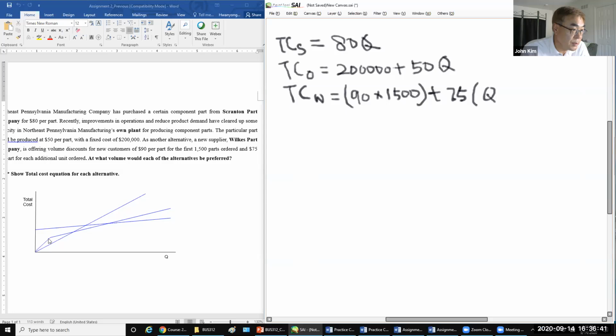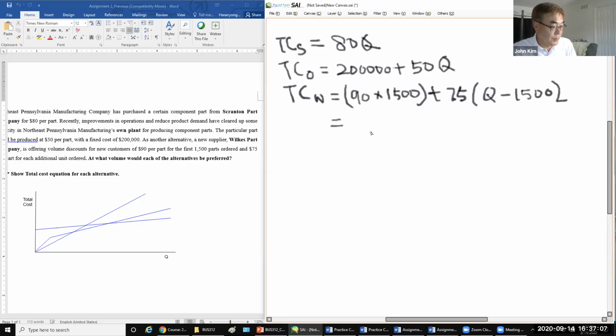As you can see on the graph here, that is curved here. It's the same as in the practice problem: additional parts more than 1,500, so Q minus 1,500.